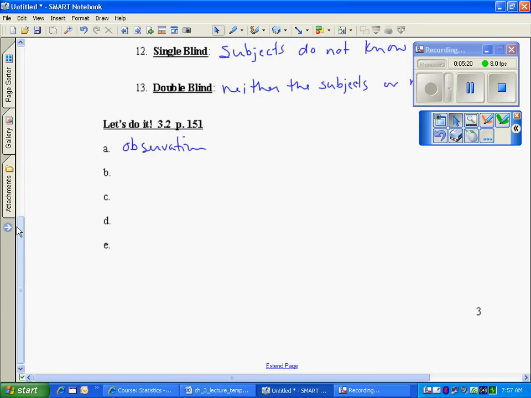B, what was the population under study? They were only looking at females. Letter C, what was the explanatory variable? And D, what was the response? The explanatory variable here was the soda, and the response was to see how many bone fractures might have occurred, and did an increase in soda intake increase the number of bone fractures.